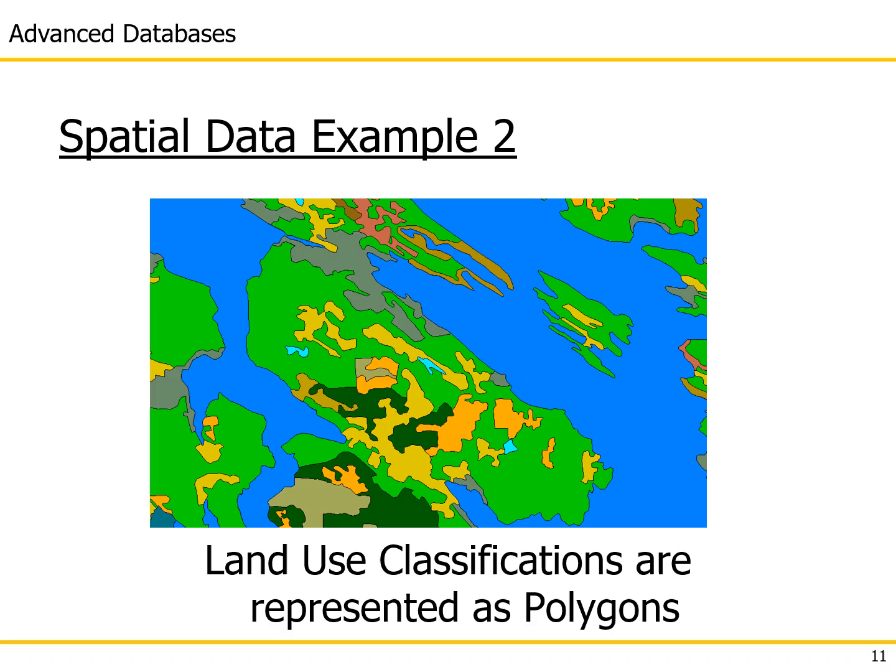So what you're looking at here is a typical usage of a spatial database where the different pieces of land are stored in a spatial database with the shape of every piece of land and its location.